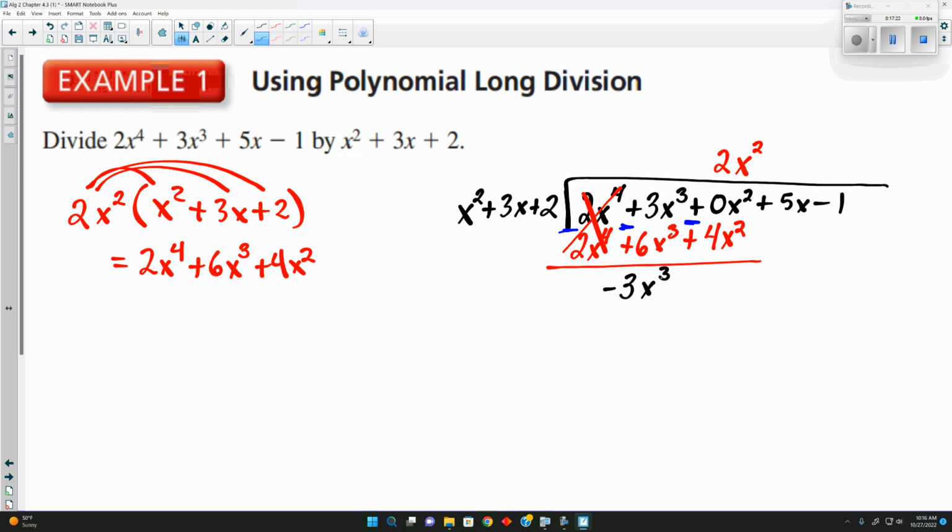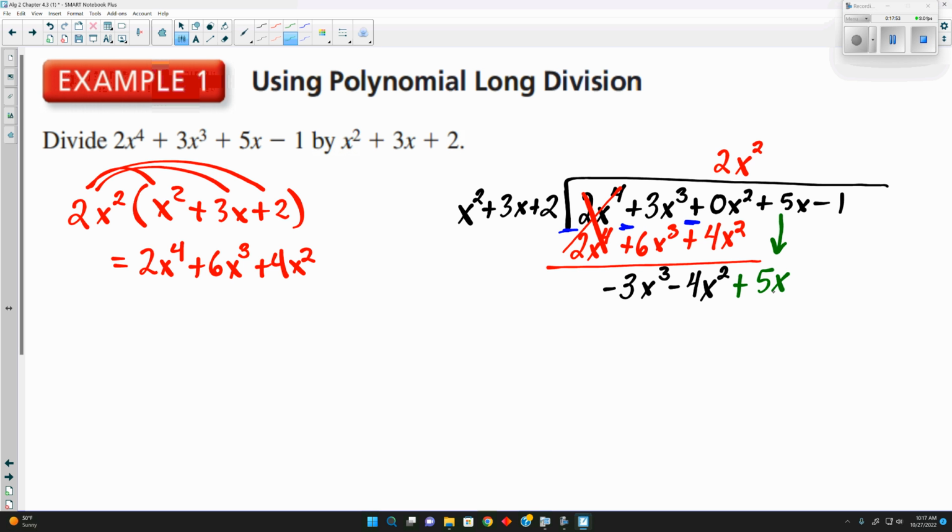But they're not like terms. We don't have an x squared. So really, what do we have? 0 minus 4. Almost. It would be negative 4x squared. 0 minus 4 is going to be negative 4. Questions on that there? It would be very tempting, and I've seen it, to just put down 4, but our 0 minus 4 is going to be negative 4.